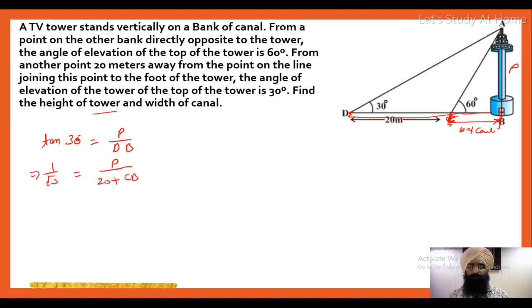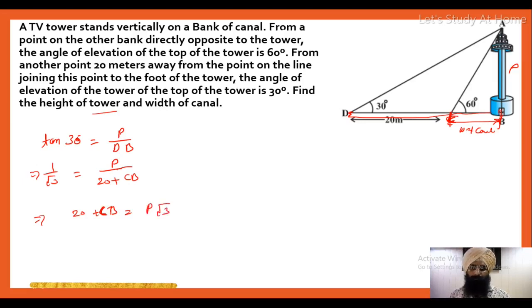Okay, you have many methods to write. DB I have written in the form of 20 plus CB. So this implies 20 plus CB is equal to P into under root 3.